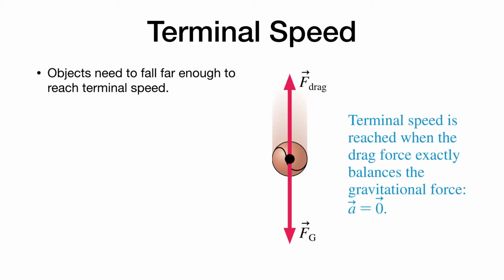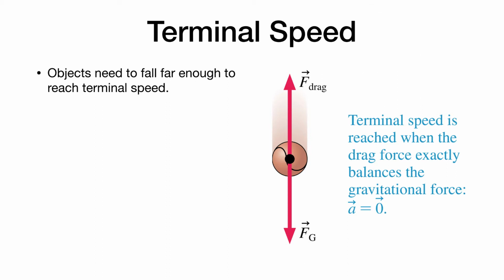But if it gets to the point where it does reach terminal speed, then as we said before, the acceleration is 0, which means our net force is also going to be 0. If we consider breaking that into components, that means that if we add up all of the forces in the x direction, those would be 0, as well as all of the forces in the y direction. Now in this particular example, the only forces on our falling object are the force of gravity and the drag force.